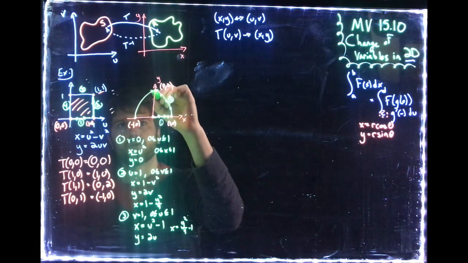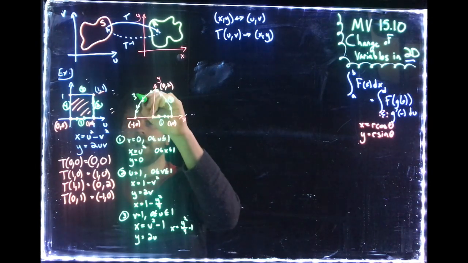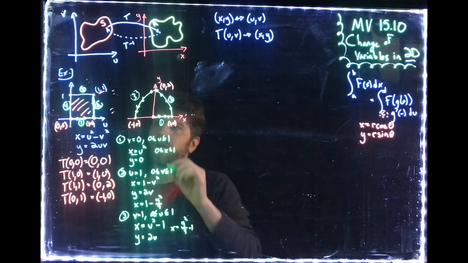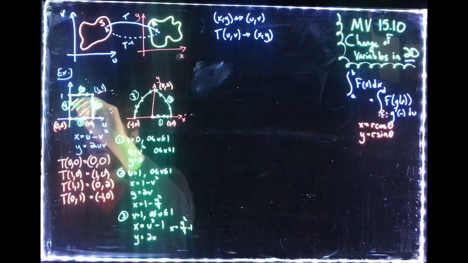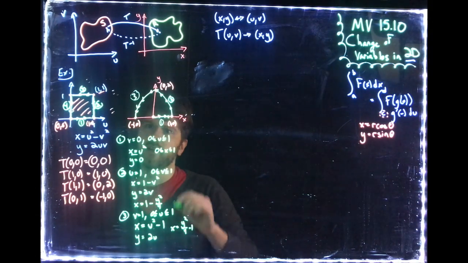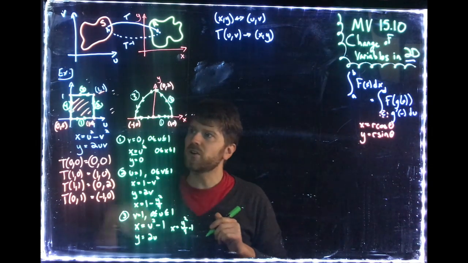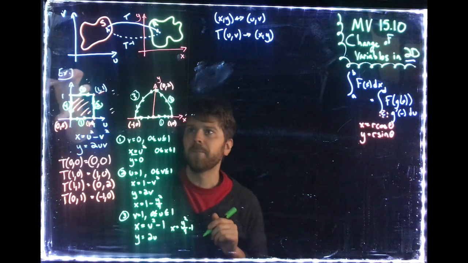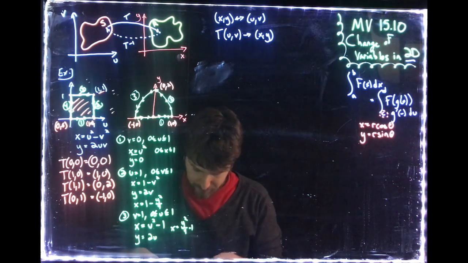So it should be symmetrical. Here's side 3. I'm not going to prove it right now, but you might imagine that as I come down this way in side 4, we make our way back to the origin. And you'd be correct. So our square in UV maps to this weird parabolic region in X and Y.